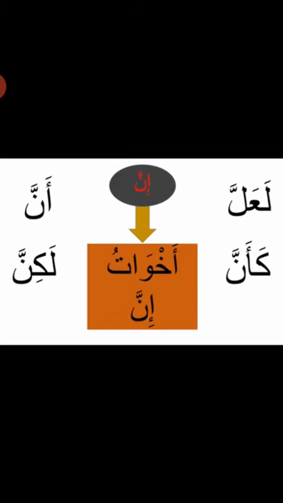Now just like we had memorized the other sisters of kana, you have to memorize the sisters of inna. La'alla, ka'anna, anna, lakinna. Write all of these 3 times and learn them, inshallah.